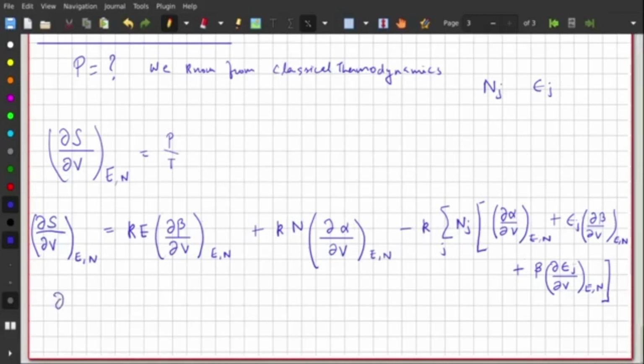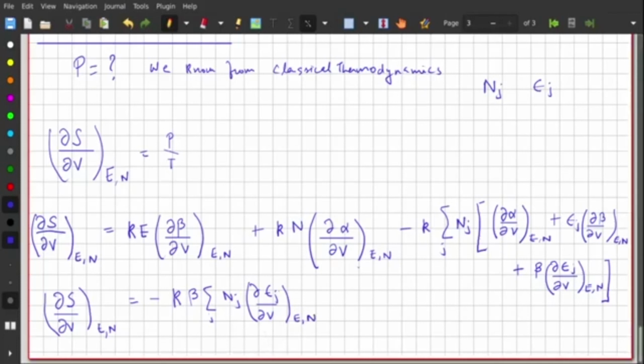So partial S partial V at E, N is minus k sum over j nj partial epsilon j partial V at E, N. And from classical thermodynamics, this was P by T.